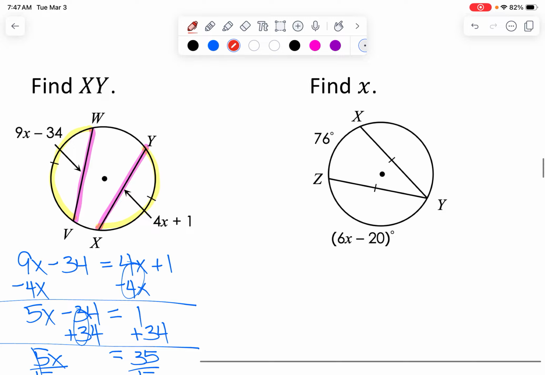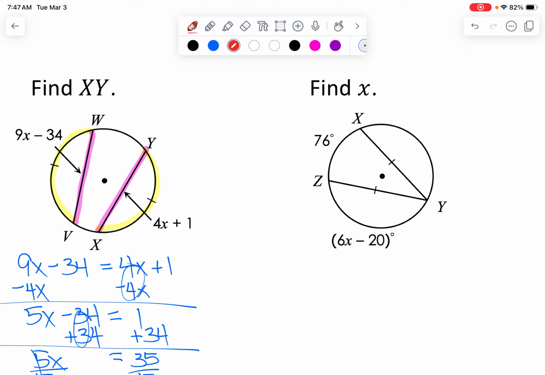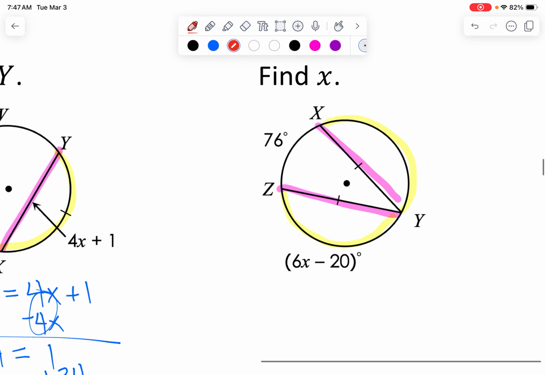Let's try this one. A little bit trickier. So I know the two chords are congruent. Okay, so this is congruent to this. Cool. That means this arc has to be equal to this arc. Okay, so first, I don't know what those arcs are, but I do know that all the way around a circle is 360 degrees.